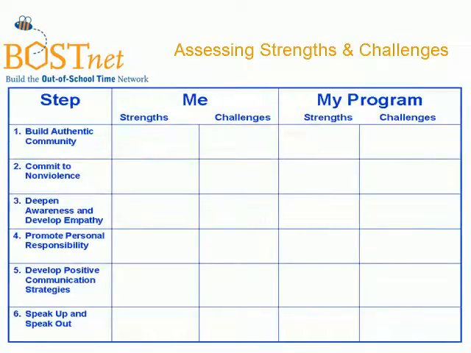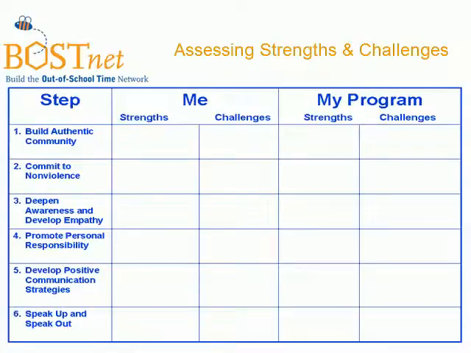Here is a simple tool that you can use to think about the 6 key strategies to prevent bullying. And ask yourself about your strengths and challenges as an educator and the strengths and challenges of your program across each of those steps. So think back to all of the different elements within each step.